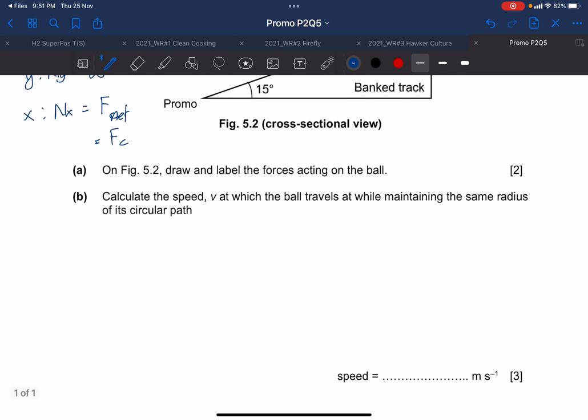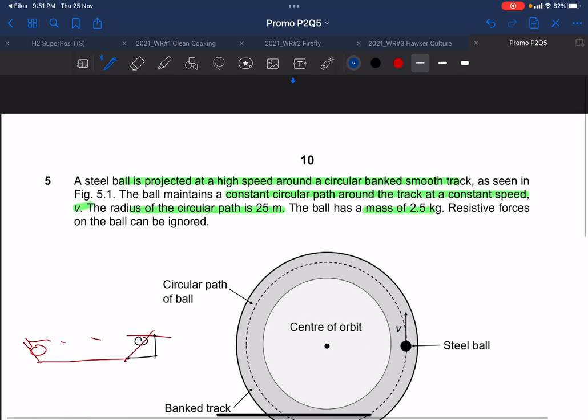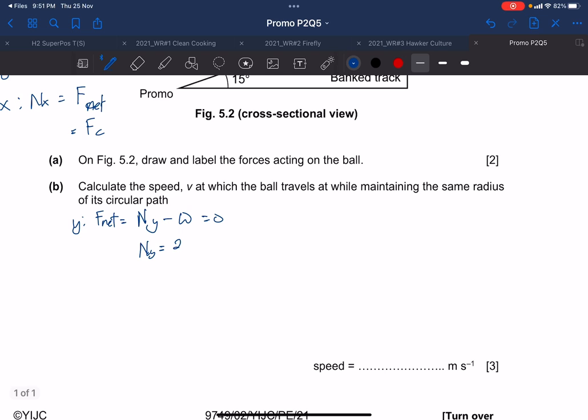Let's write this out. For the y-axis, F net equals ny minus w equals 0. So ny equals the weight of the ball, 2.5 kg times 9.81, which gives 24.525 newtons. Then convert this to the normal reaction force, which is ny over cosine 15 degrees.